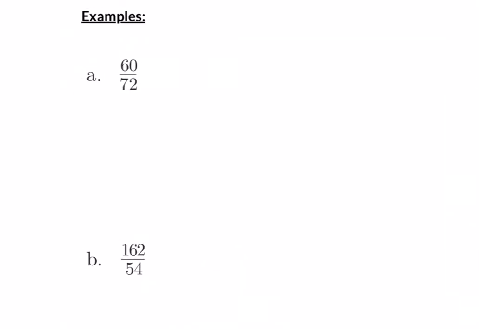Let's start with 60/72. So 60, if I factor this, I get 6 times 10. 6 is 2 times 3. 10 is 2 times 5. I'm going to reorganize it, and I'm going to write it as 2 times 2 times 3 times 5.